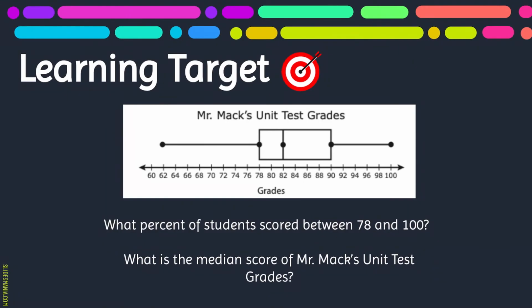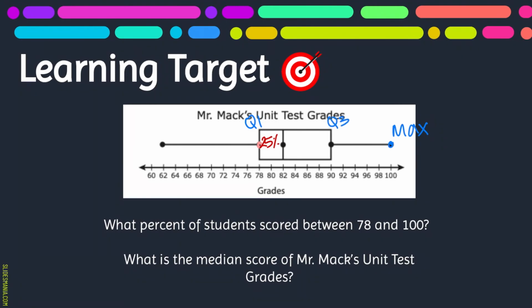All right, welcome back. So for what percent of students scored between 78 and 100? So 78 falls right here, and that point represents Q1. 100, which was our maximum, is right there. So we have 25% from quartile 1 to quartile 2.